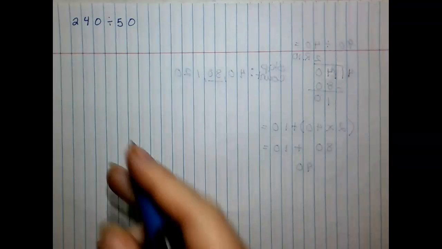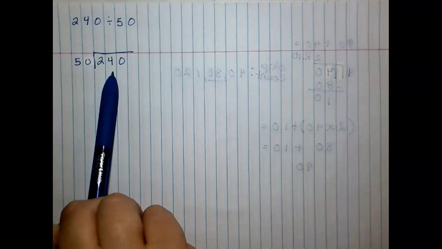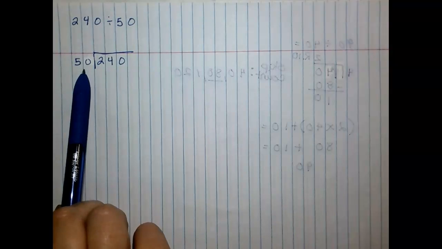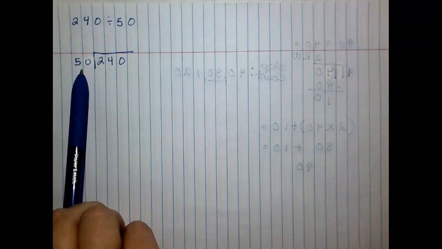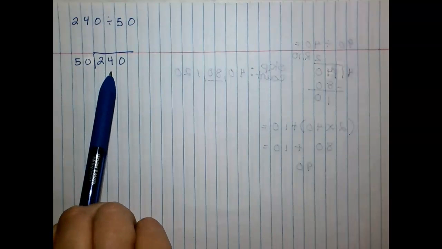Let's try another one. In this problem, we have 240 divided by 50. Let's rewrite that. I have a whole number of 240, and I want to divide it by 50. If I want to make groups of 50, how many can I make with 240?